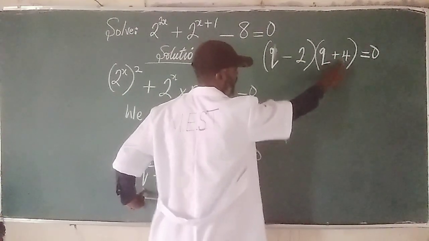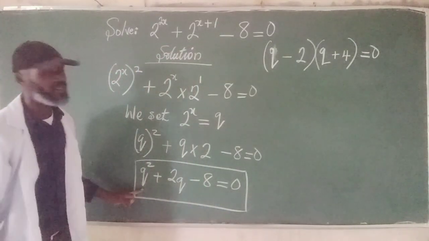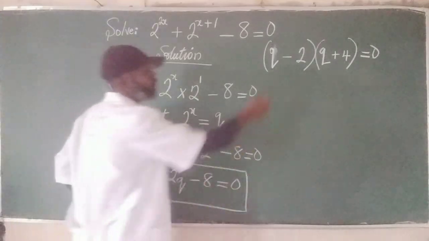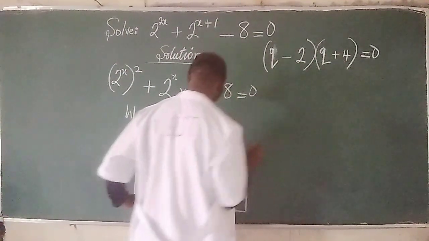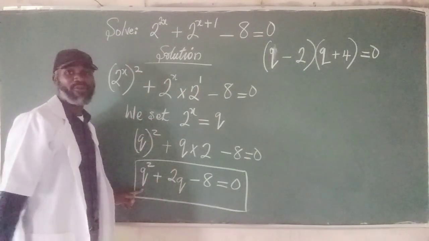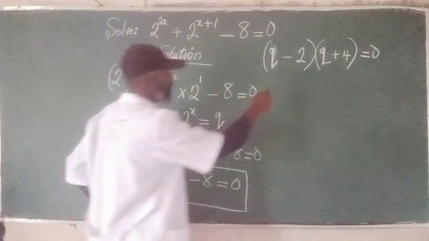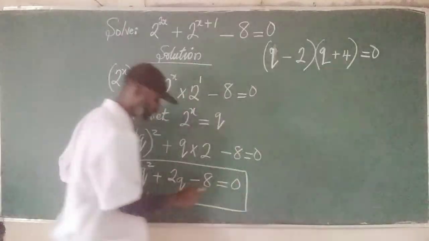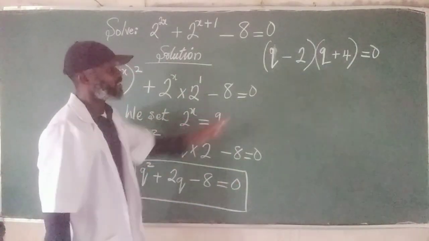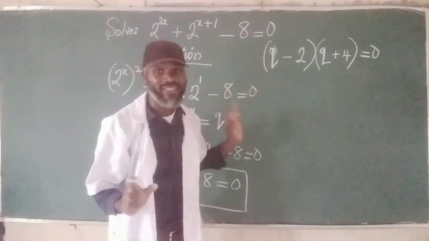Then minus 2 times Q gives us 2Q. So 4Q minus 2Q gives us plus 2Q, so we are correct. Finally, minus 2 times plus 4 gives us minus 8. So it's correct. The factorization approach is absolutely correct.